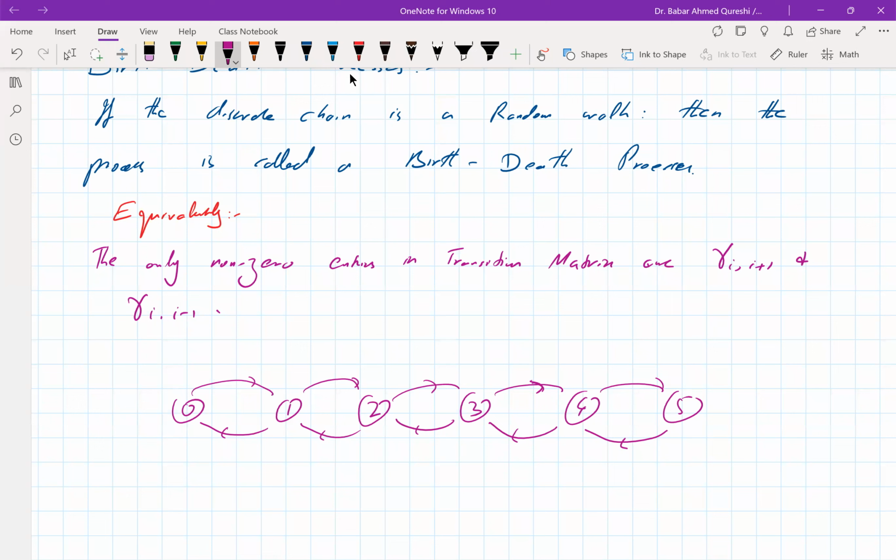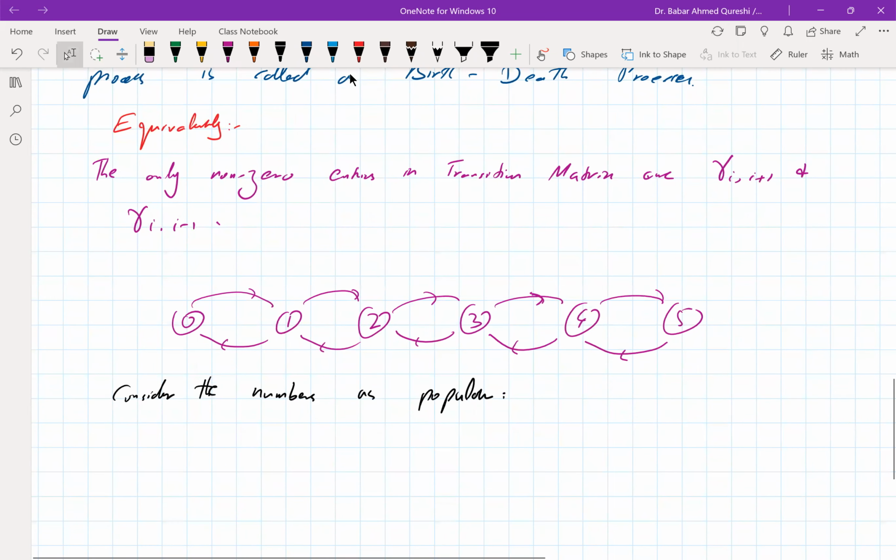So why is it called a birth-death process? Well, essentially, you can think of these numbers as some population. So consider the numbers as population.